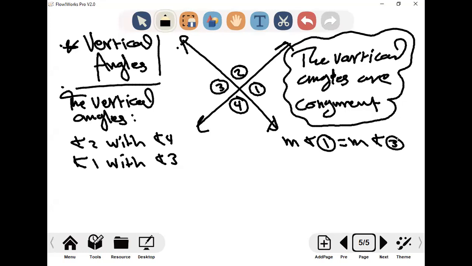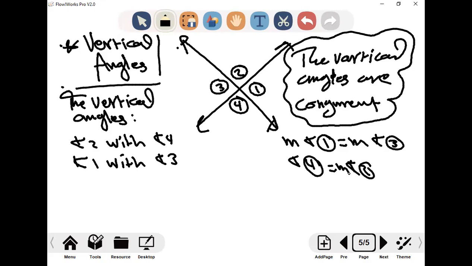The measure of angle 1 is congruent to the measure of angle 3. Why? The explanation is because they are vertical. Because they are vertical, they are equal. Angle 3 equals angle 1, angle 4 equals angle 2.